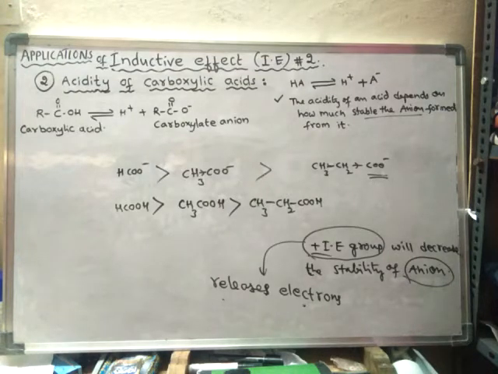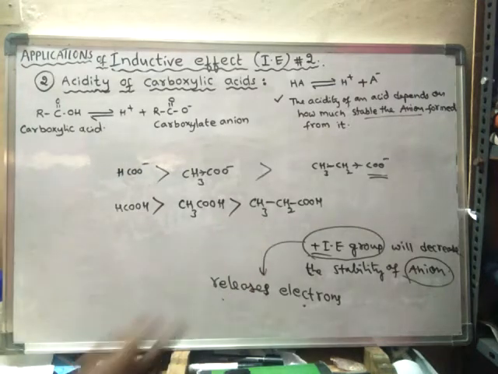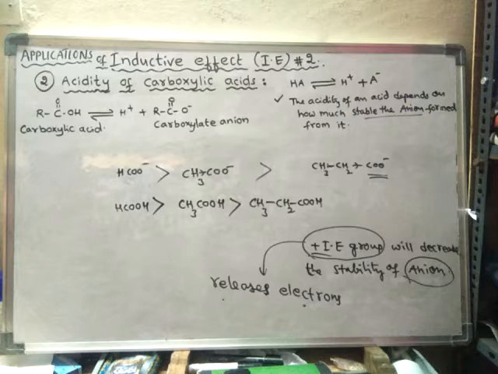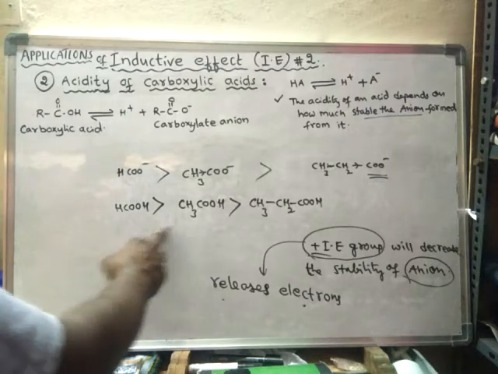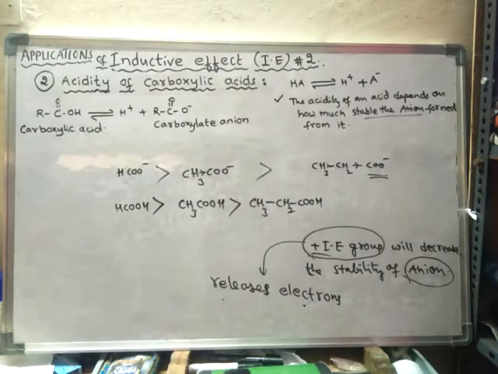A minus I effect group will still further increase the negative charge on the oxygen. Therefore, the stability is further decreased. Remember that. These are all unsubstituted saturated monocarboxylic acids.